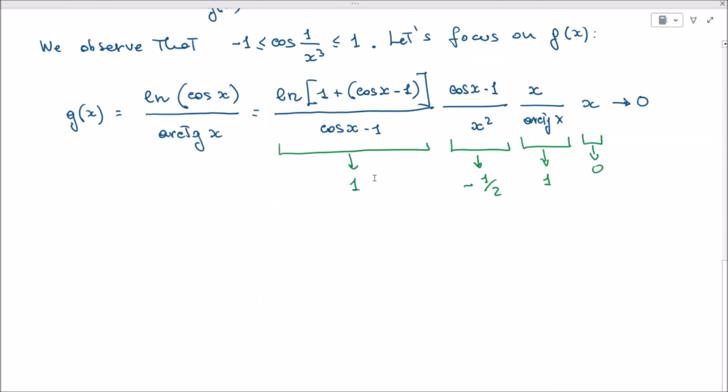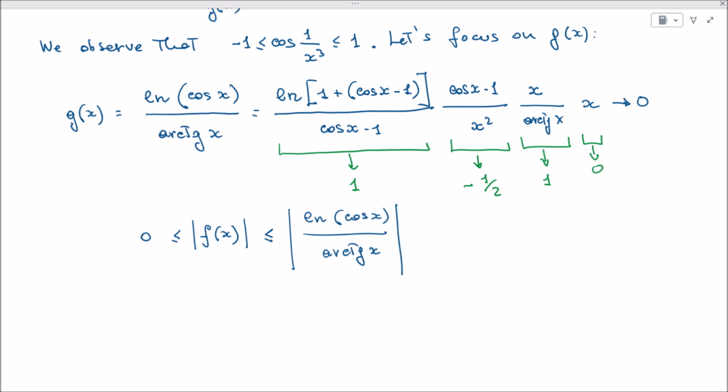In fact, we can write that the absolute value of f of x is larger than or equal to 0, and it is less than or equal to the absolute value of the logarithm of cosine of x divided by arctangent of x.